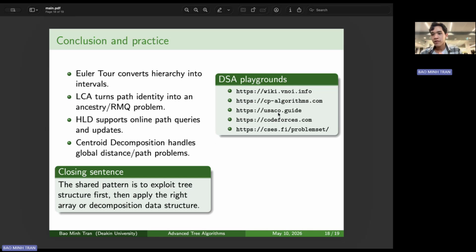Yes. Okay, so I have a list that I think is very good for learning about data structures, algorithms, computer science, discussions, and forums. These are listed here. These are all English sources except the first one.